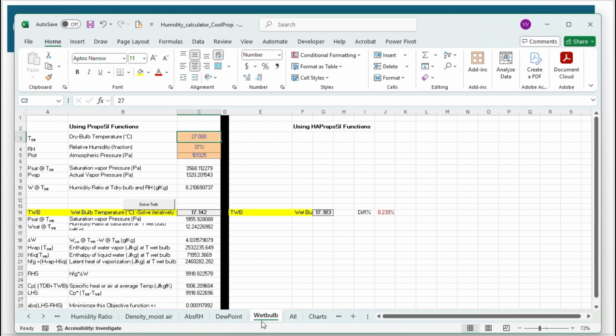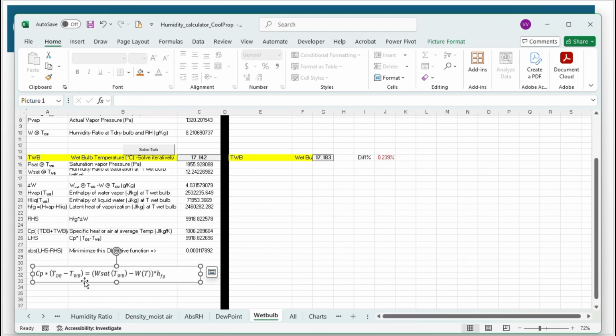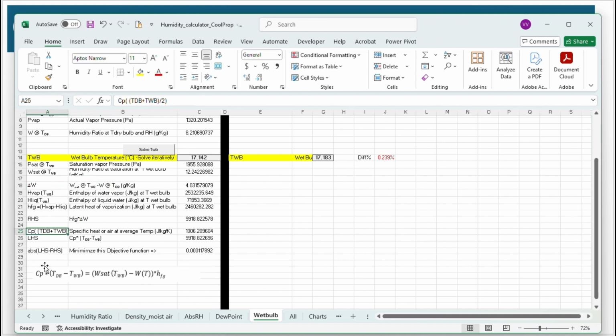All right. So go to the wet bulb temperature calculation tab, and you can see, to do this energy balance, you have to estimate the left side and the right side of that equation, and both sides involve using an estimated or initial wet bulb value, and then the energy balance is trying to minimize the error between the left-hand side and the right-hand side of the equation.